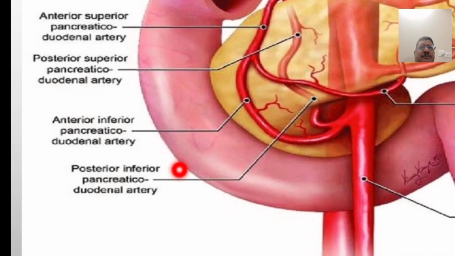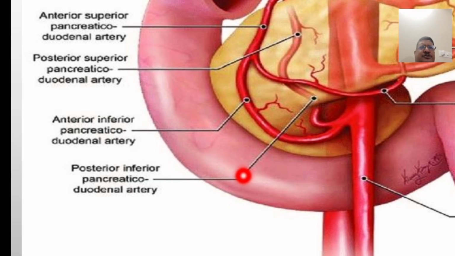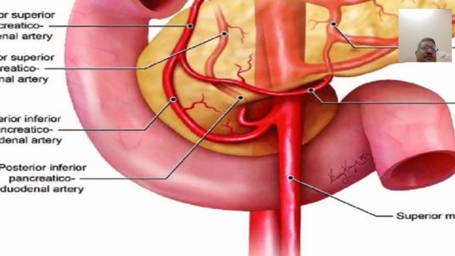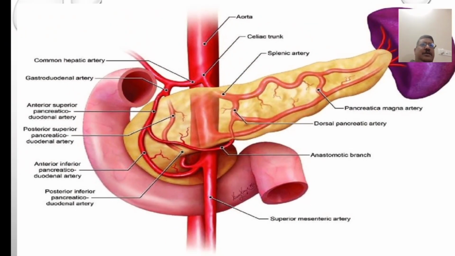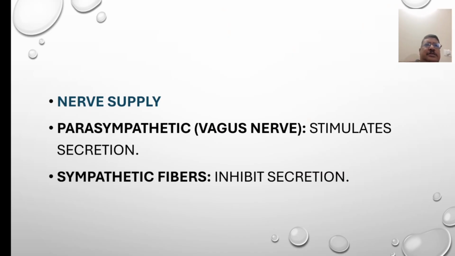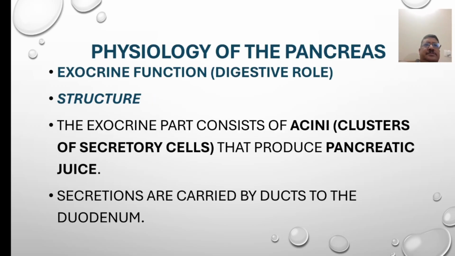This is the posterior inferior pancreaticoduodenal artery. So this one is the superior mesenteric artery. So this is the blood flow. Now nerve supply: parasympathetic stimulates secretion, sympathetic fibers inhibit secretions.